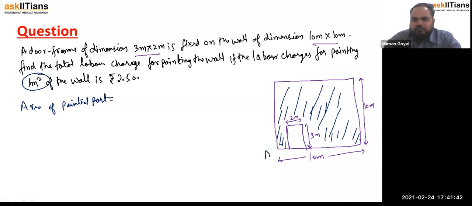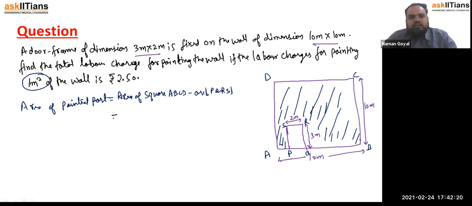See, this is ABCD, and you can take these points as P, Q, R, and S. So the area of the painted part is the area of square ABCD minus the area of rectangle PQRS, right? We can say that.